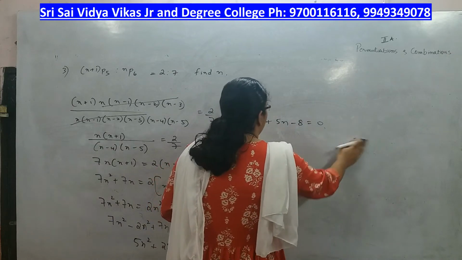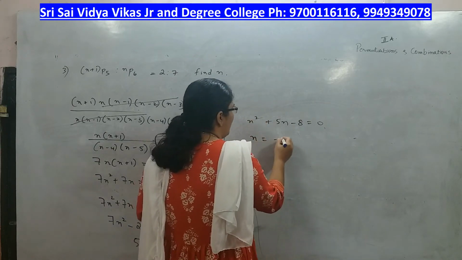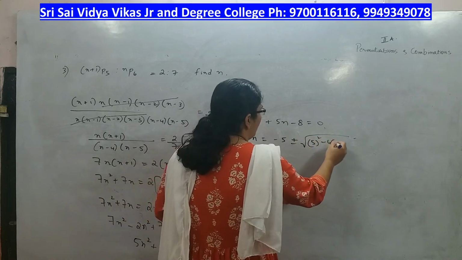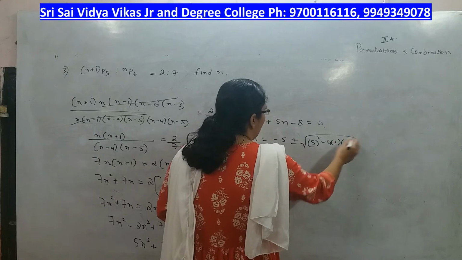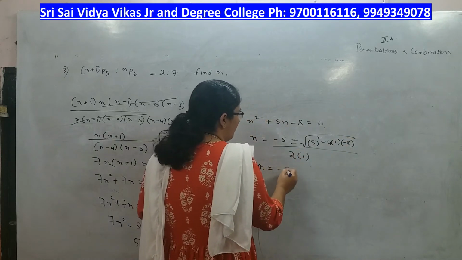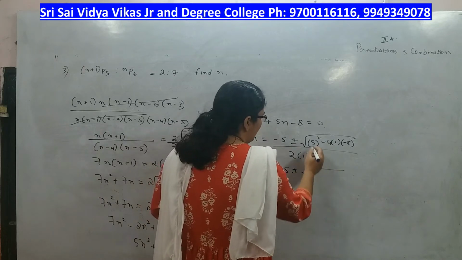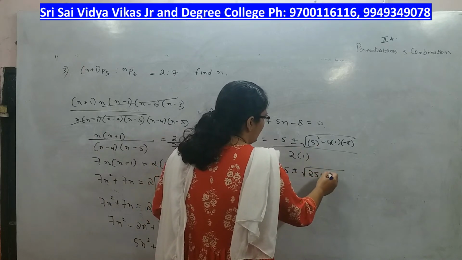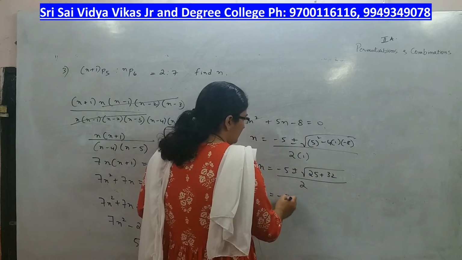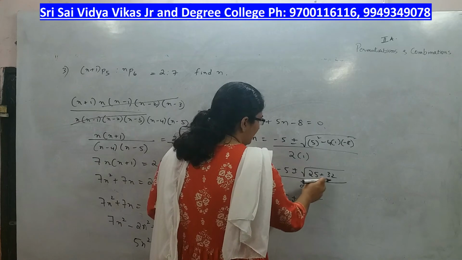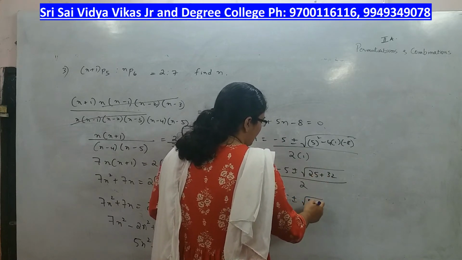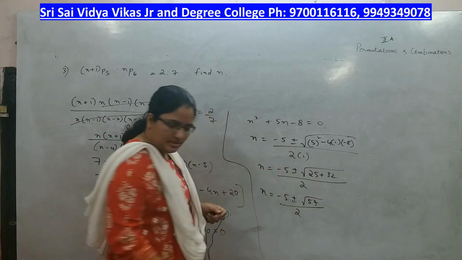So we'll do factorization. n is equal to minus b plus or minus under root of b square minus 4 into a into c by 2 into a. n is equal to minus 5 plus or minus under root of 25 plus 32 by 2. Let me check.